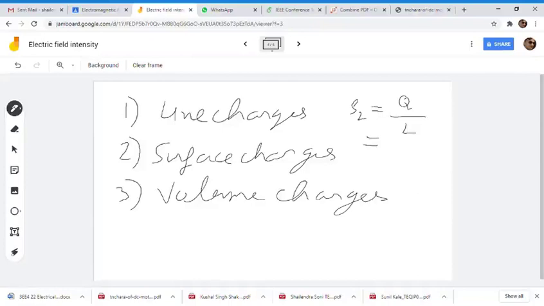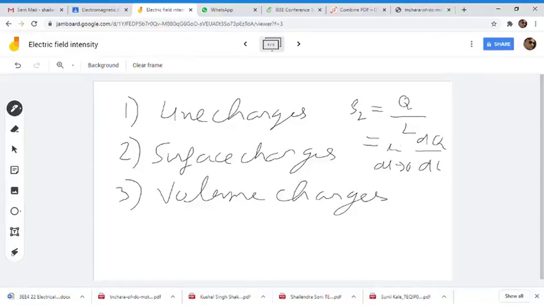In differential form, this could be written as dq divided by dl, where you can take dl as tending to 0.